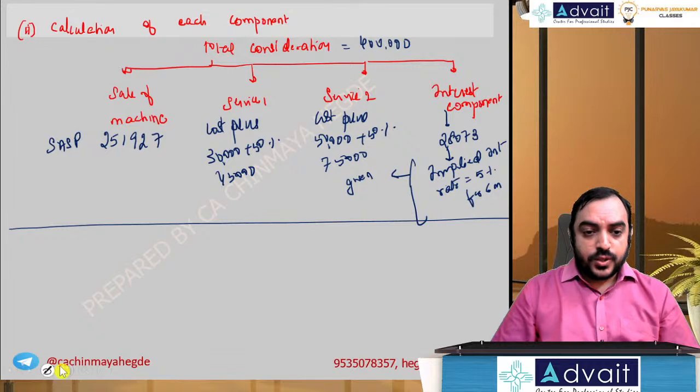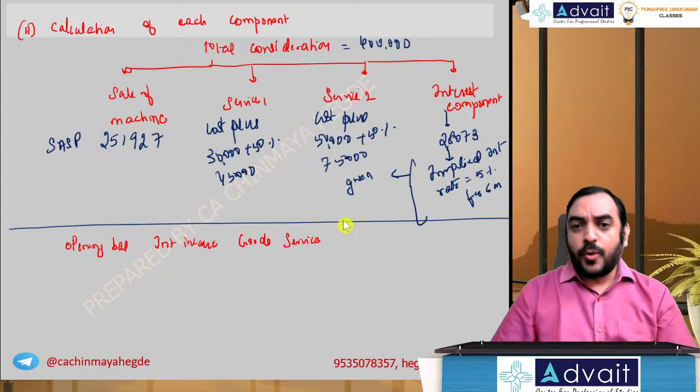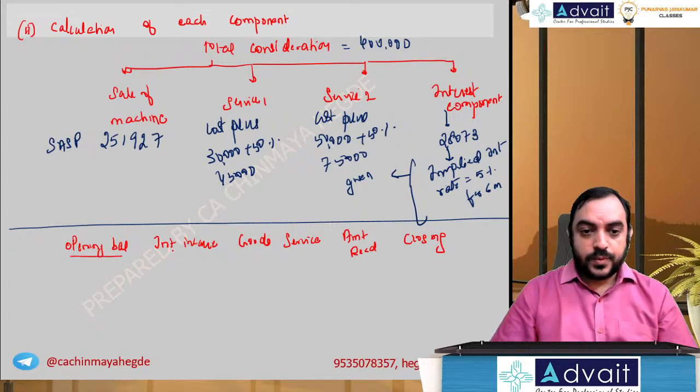It will actually come to 5% exactly. I'll show you that. We can do it in this format: opening balance, then interest income or finance income, then goods sold, then services sold, amount received, then closing balance. Amortized cost method.